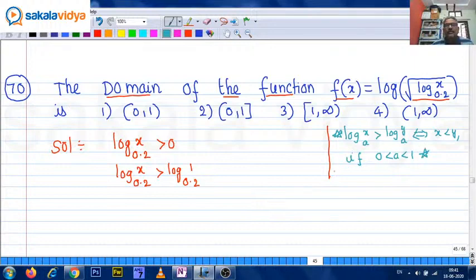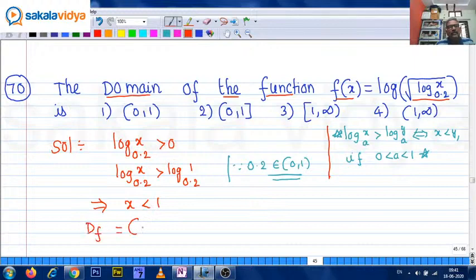Here 0.2 belongs to the interval (0, 1). That's why we get x less than 1. Therefore the domain of f is minus infinity to 1, open.